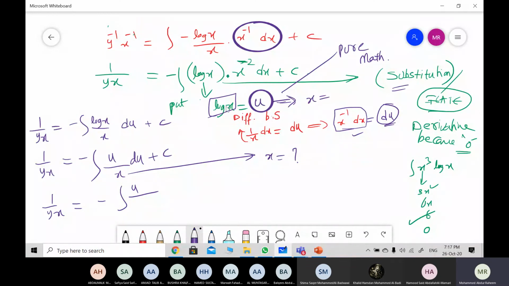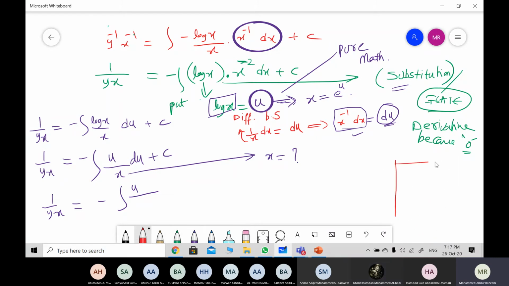To remove the log, what to do? We'll add e. Yes, e power u. I will recall your memory from pure math.